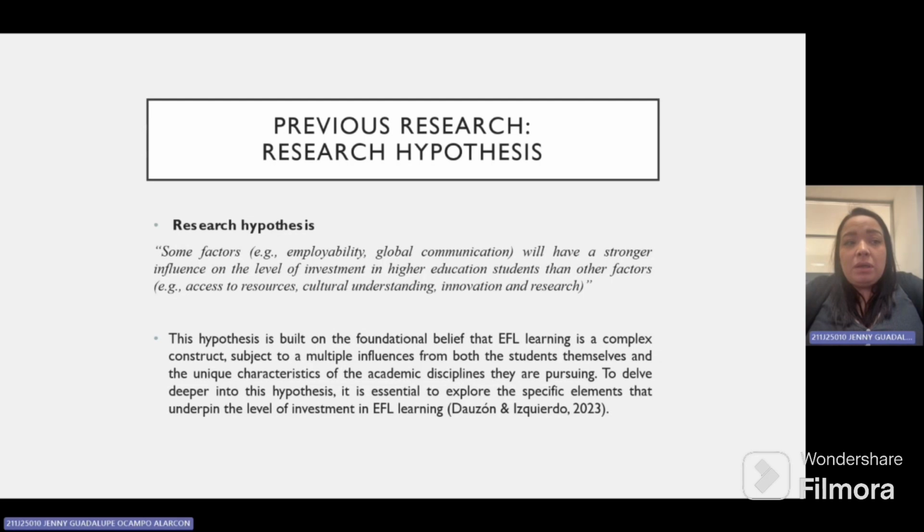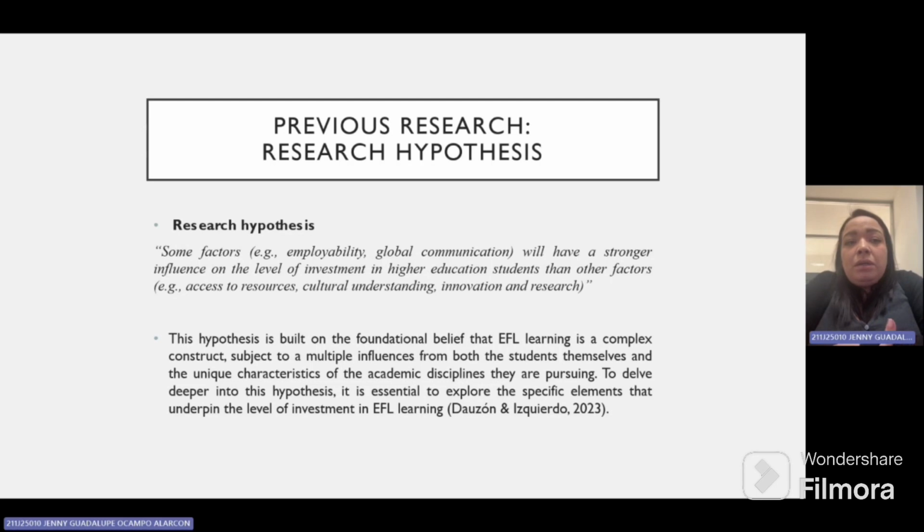Not only that, the students have different and unique characteristics that can be strongly related to some factors more than others.